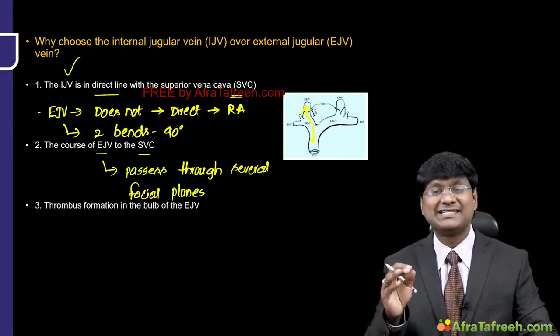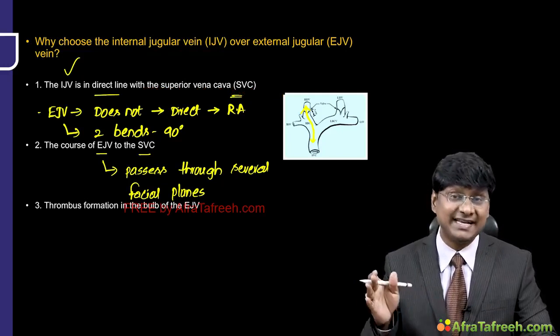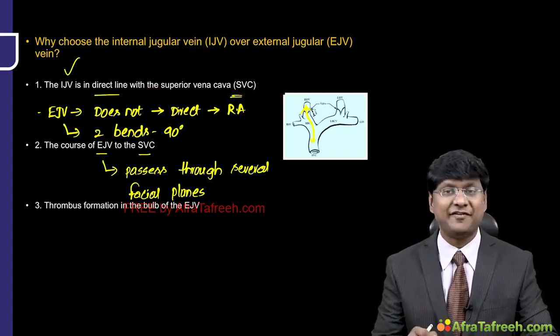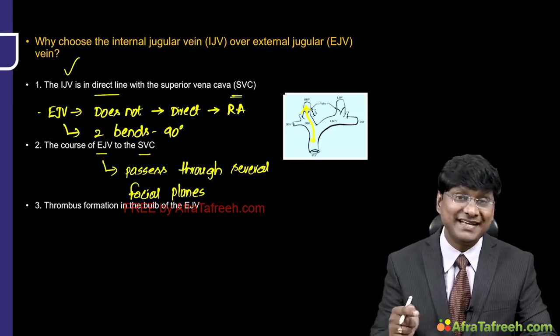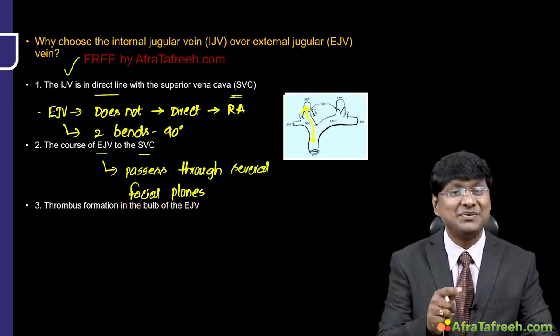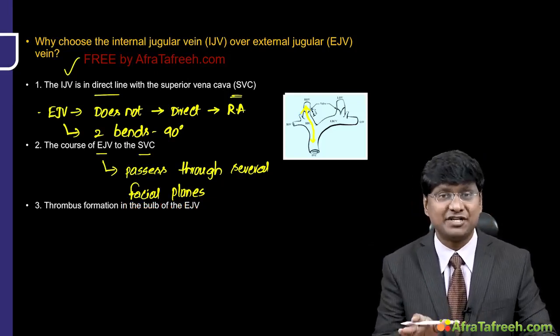And when the external jugular vein is passing through several fascial planes, there is a high chance that it can get obstructed by the fascial planes. So that is the reason why your right atrial pressure is not exactly transmitted to the external jugular vein, because it is passing through several fascial planes.